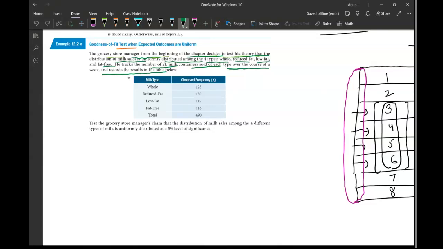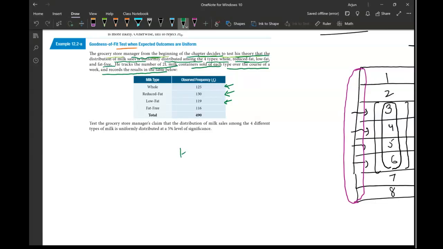He's claiming that all the 4 types are equally sold. Why is he claiming that? Because he wants to make sure that his inventory is stocked properly. He's not purchasing or shelving those products which are not going to end up selling. So he conducts his experiment, and this is his observed frequency.